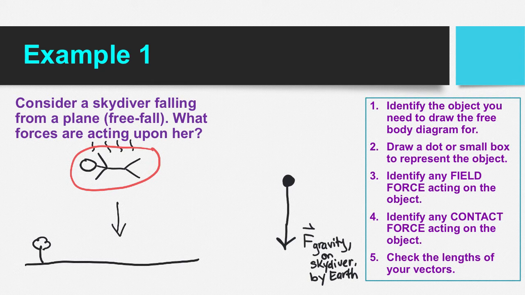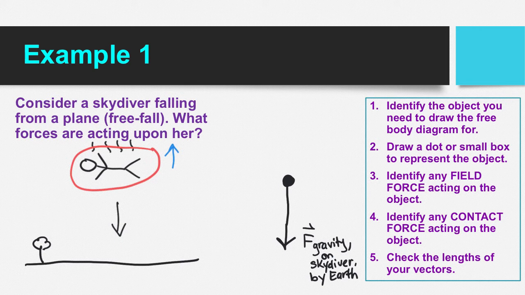And if we're considering air resistance and friction, which I'm going to say today we are, then I have to consider that force of air resistance. And in the case of friction, and air resistance or drag is just friction with the air, friction always acts in the opposite direction of motion. So if she's falling, moving down, then friction, air resistance or drag is going to act up.